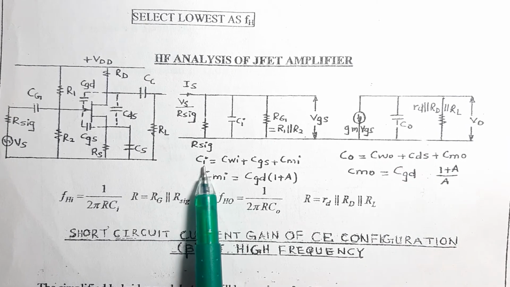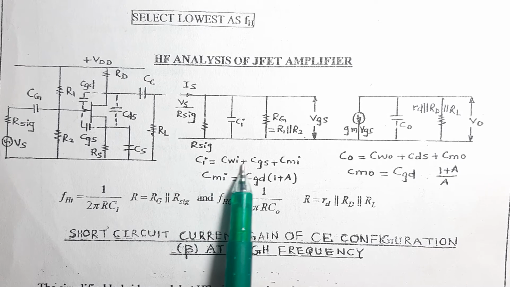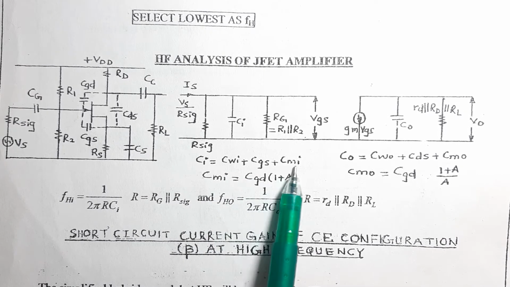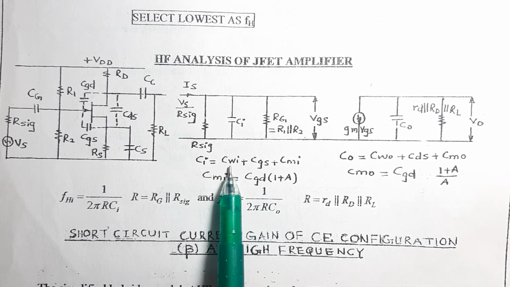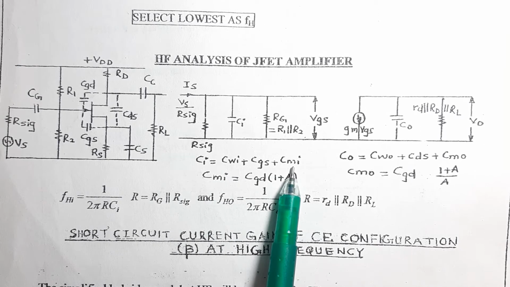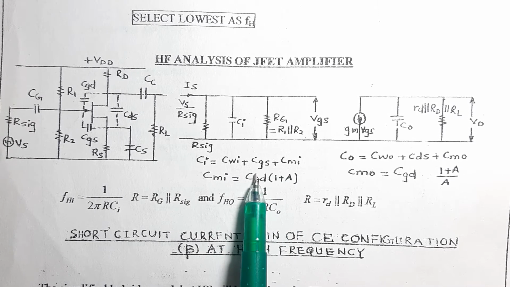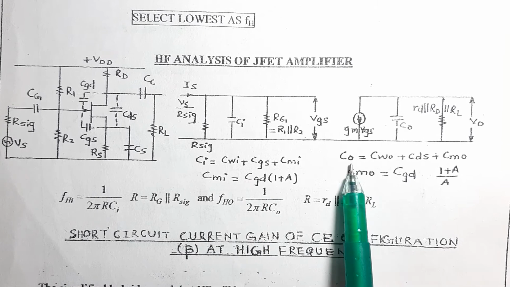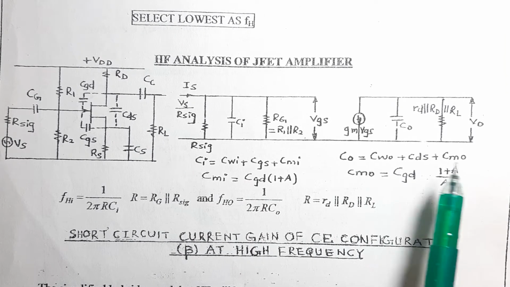Your Ci over here is given as CWI plus CGS plus CMI, so it is input wiring capacitance plus input Miller capacitance plus CGS. Your CO is given as CWO plus CDS plus CMO.